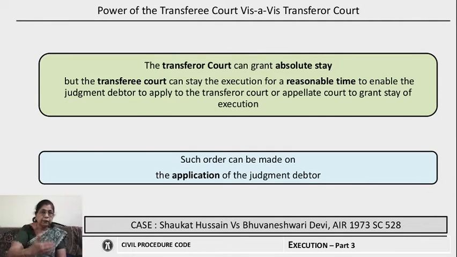Therefore, pending that application, the person can file an application before the executing court. That means, the transferor court's powers and the transferee court's powers are different. The transferee court can stay the execution for a reasonable time, and it can only be to enable the judgment debtor to apply to the transferor court or to the appellate court for the granting of the stay of execution, and this can be done on the application of the judgment debtor.